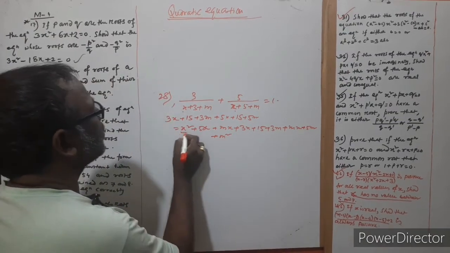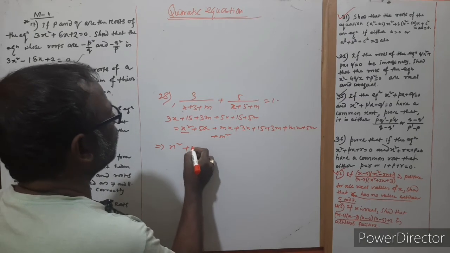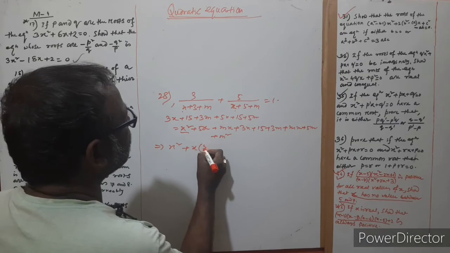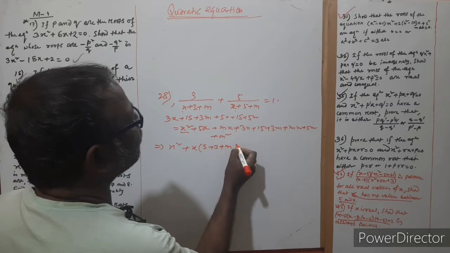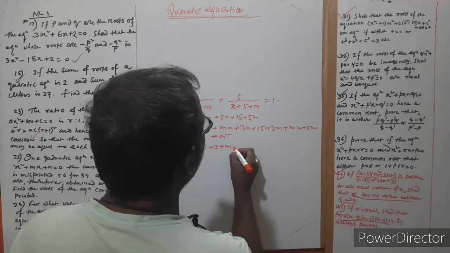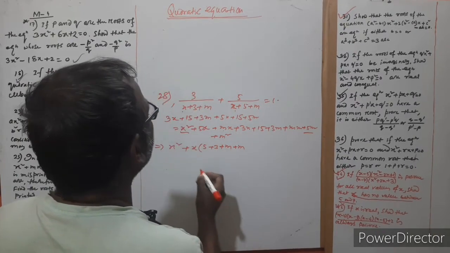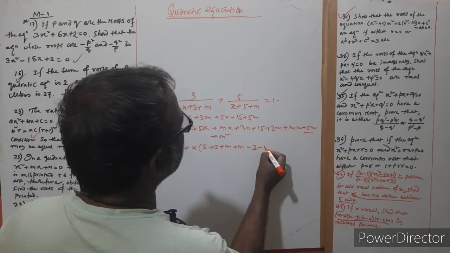Now x square, we want to take common x, all the x there, that is 5 plus 3 plus m minus 3 minus 5.